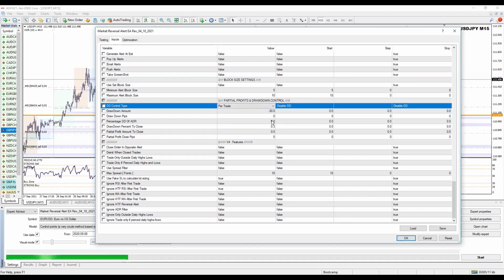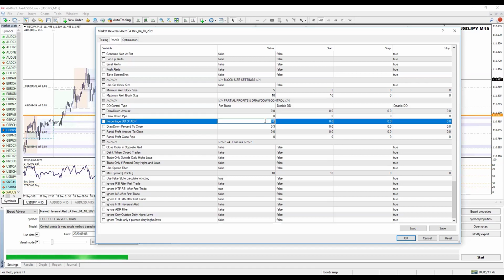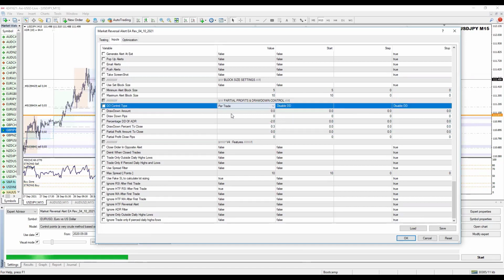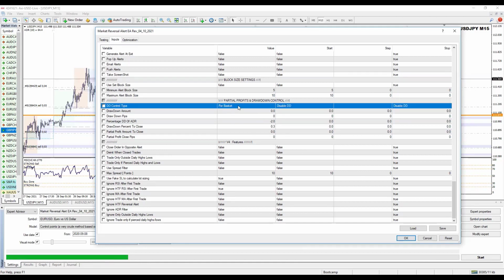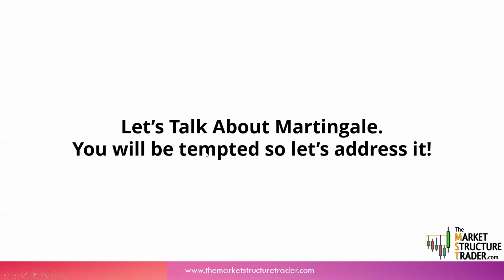Or you could say, when a position gets to 2 ADR against me, close out 1/3, per position or per basket, or per trade. Yeah, so it does do that for you. But you can also do it manually. It will not do aggressive drawdown control though.